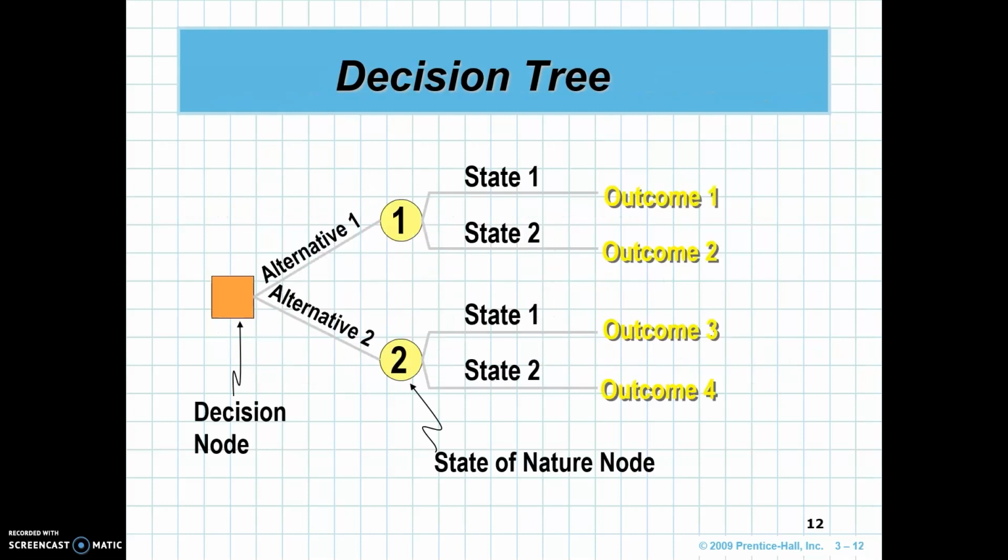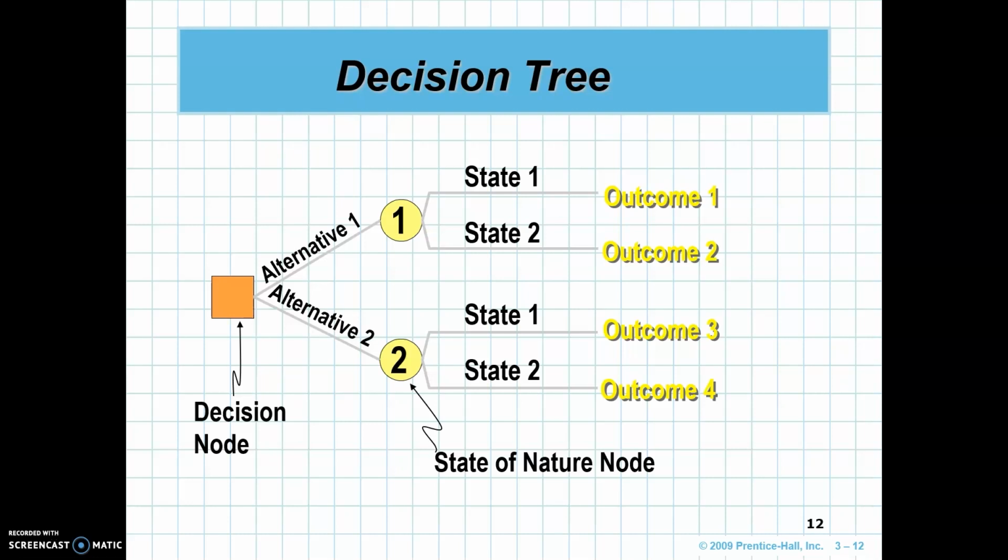Okay, so this is how a decision tree analysis looks like. Right, the square represents a decision node, and after calculating all the states of nature, all the probabilities, and all the alternative outcomes, we'll write the decision on the decision node. So it is represented by a square. Right. There are two alternatives: alternative one and alternative two. This is just a graphical representation of how a decision tree looks like, right.